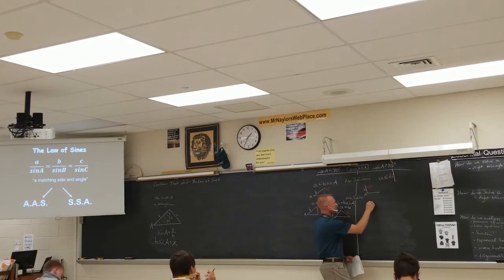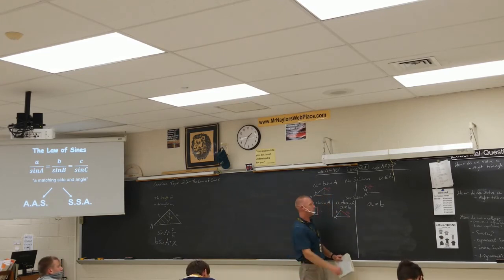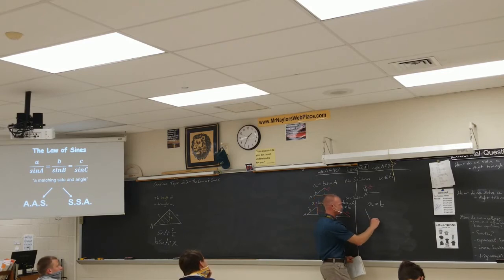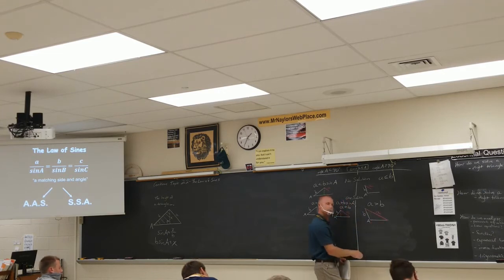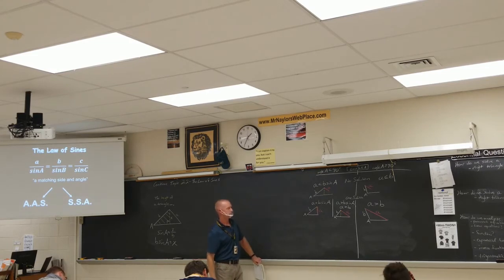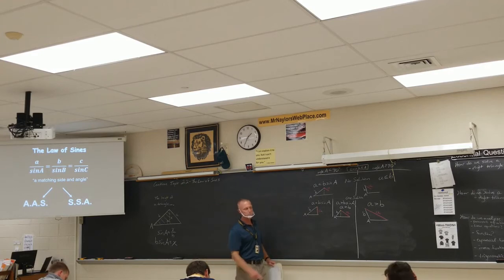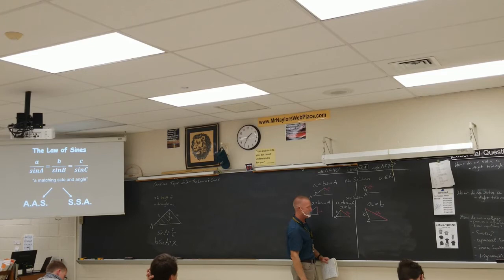Over here, it turns out that if A is greater than B, well, that's all that's needed to make a triangle, to make one solution. Remember, when you're in the right-hand column, the angle A is obtuse. The angle A is greater than 90.